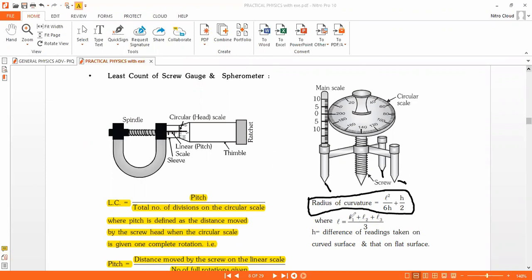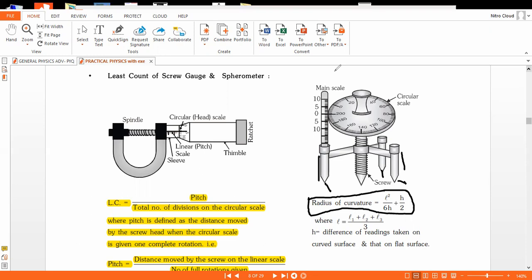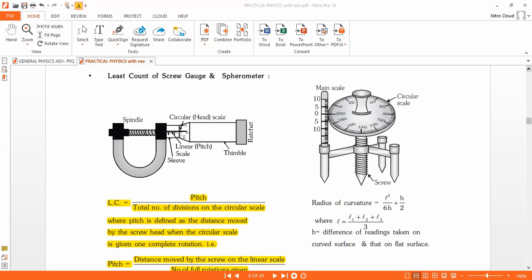Here l is the average length between these legs, and h is the difference in the readings between the circular scale and the main scale. Like that, we also have the simple pendulum.